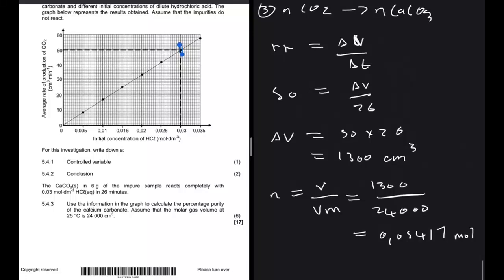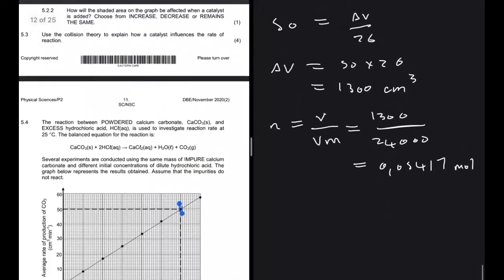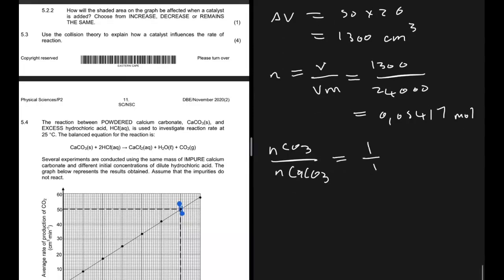So from our equation, we know that the number of moles of CO2 divided by the number of moles of CaCO3 is equal to 1 divided by 1, right? Because those are the balancing coefficients. So the number of moles of CaCO3 will just be equal to the number of moles of CO2, right?